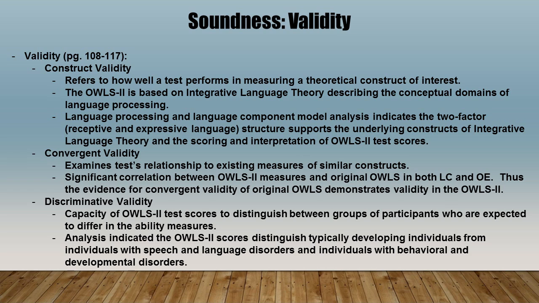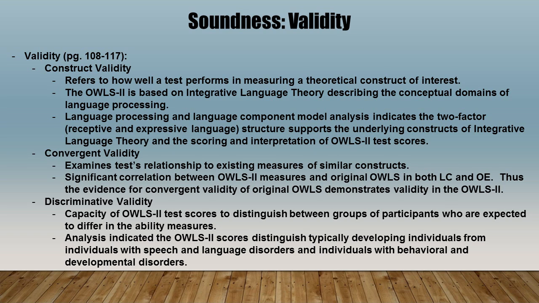Now let us talk about validity. The 3 types of validity shown on the screen were articulated in the administration manual provided with the OWLS 2 test. The construct validity discussed in the administration manual stated that the test was based on an integrative language theory, and this test was determined to have accurately measured the language processing abilities articulated in the integrative language theory.